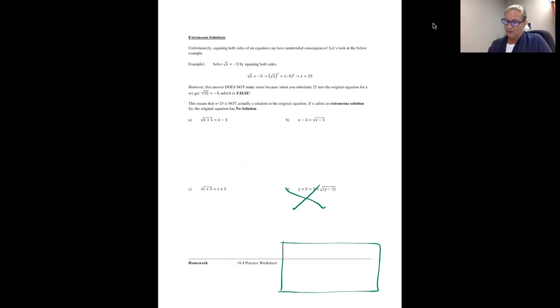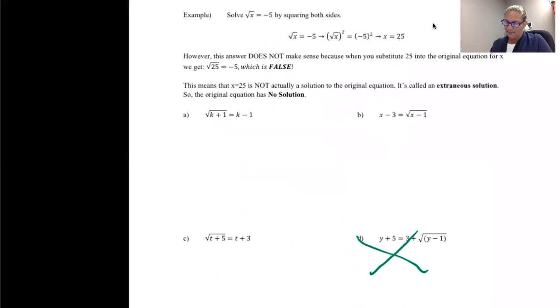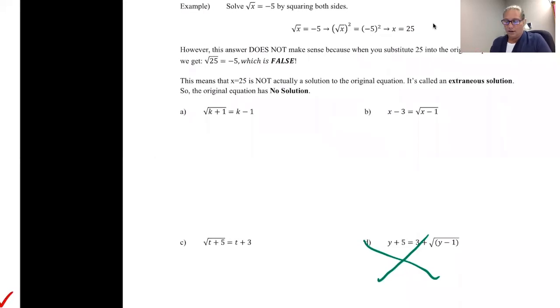As we look at part A, we have our radical already isolated, so we square both sides, remembering that you will have to FOIL this binomial because k minus 1 squared is k minus 1 times k minus 1. So k plus 1 equals k squared minus 2k plus 1.